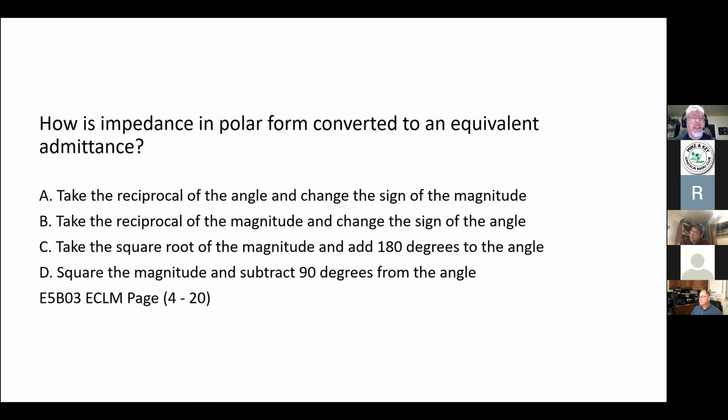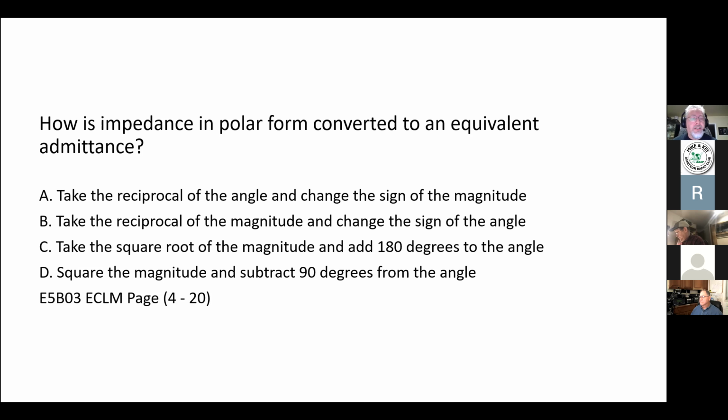How is impedance in polar form converted to an equivalent admittance? A, take the angle and change the sign of the magnitude. B, take the reciprocal of the magnitude and change the sign of the angle. C, take the square root of the magnitude and add 180 degrees to the angle.